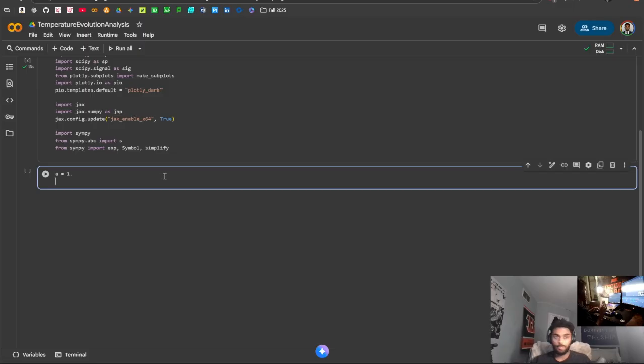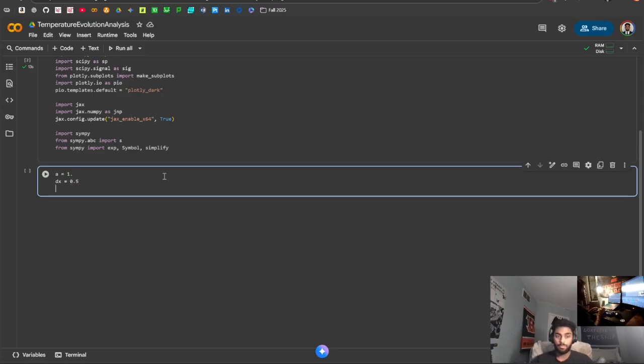It's not going to be some function of other variables. It's something that we can control about our material. We have a dx, so we can set that to whatever we want, maybe like 0.5 meters, it doesn't really matter. And then we have a dt, so whatever time interval we want.